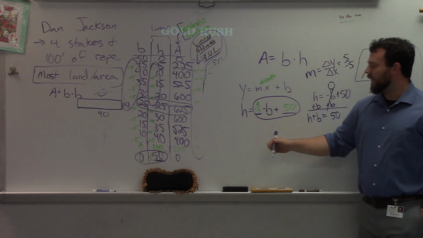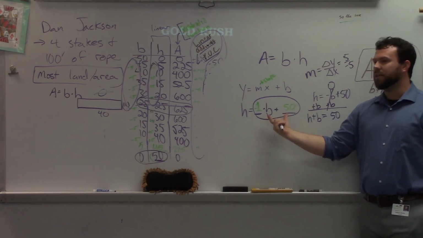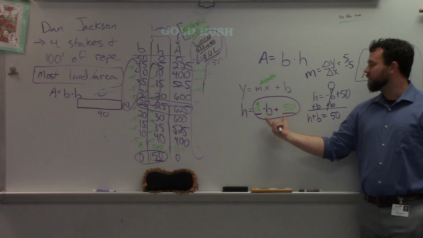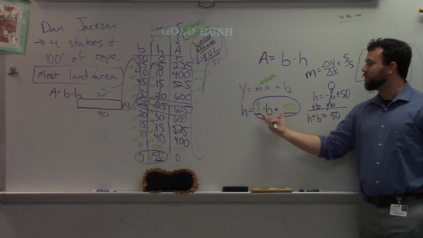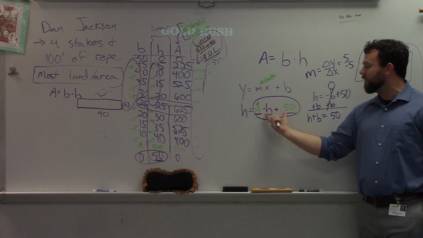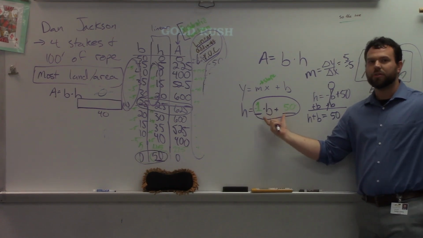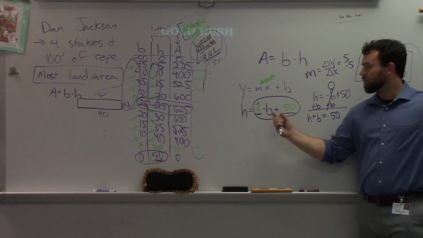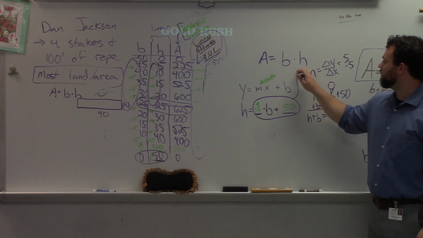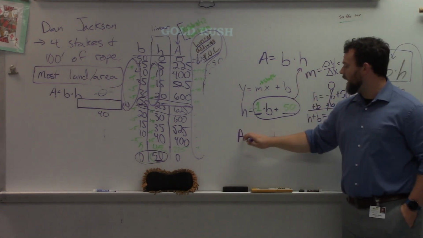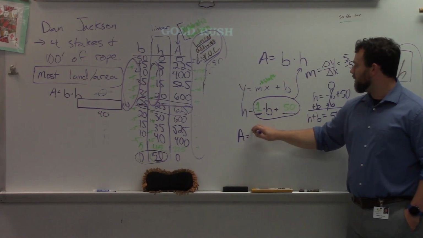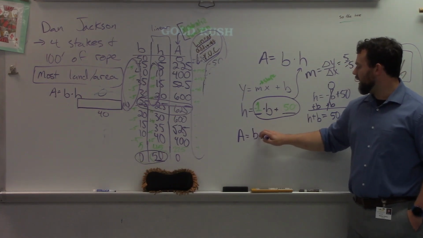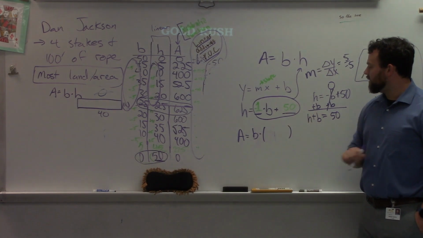Right here though, guys, look. h is equal to negative 1b plus 50. And because this is equal to h, what can I do with negative 1b plus 50? Substitute it for what? h. This can be substituted in for h. And so now my area comes out to be b times what's going in the place of h?